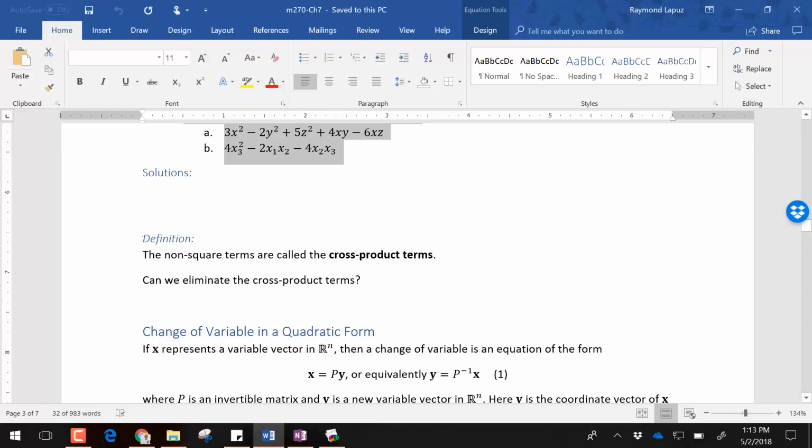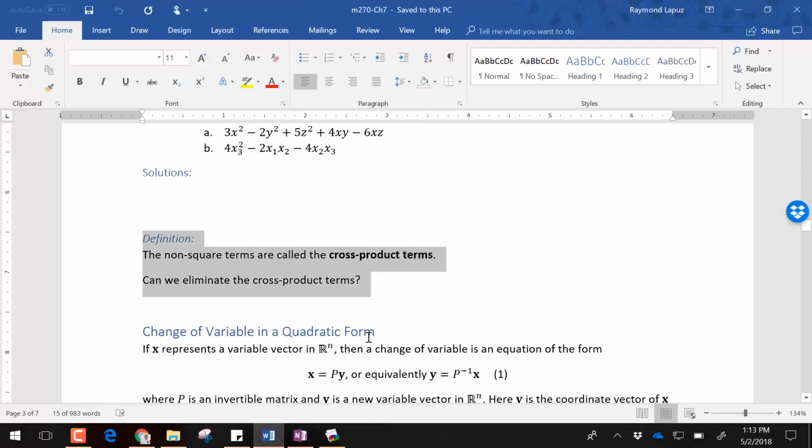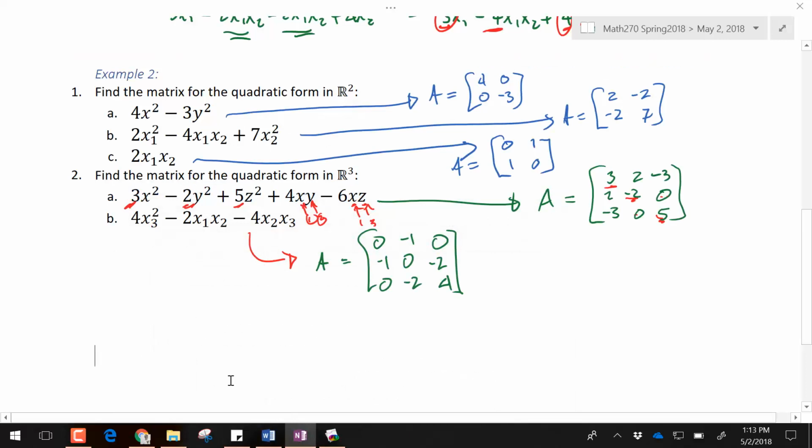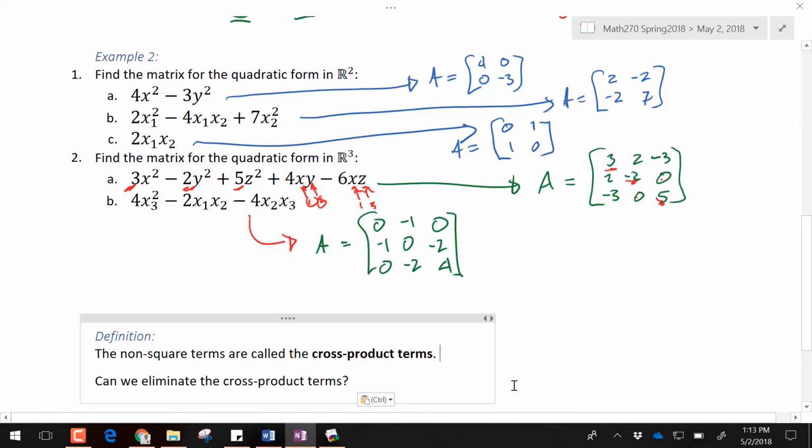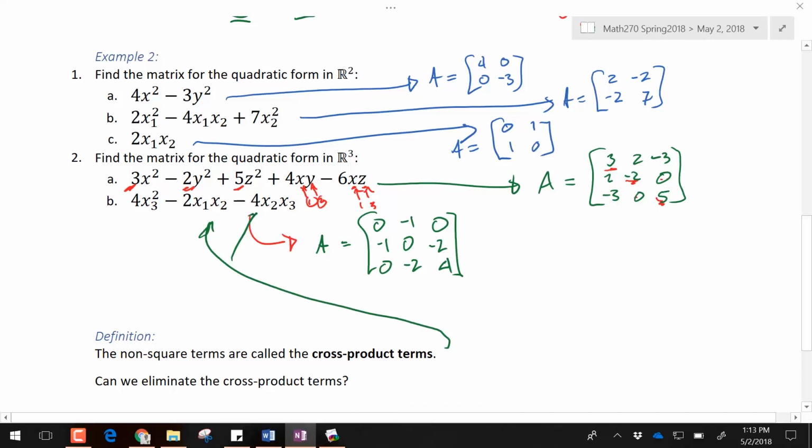Oh, yeah, so this is the definition of cross product terms, the non-squared terms. So the question is, can we eliminate these cross product terms? The cross product terms are these terms that are not squared.